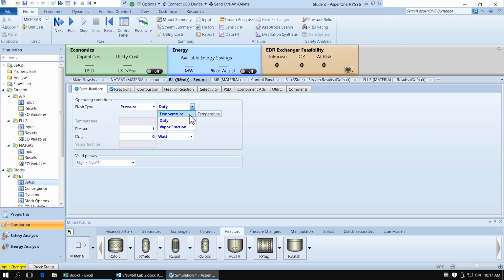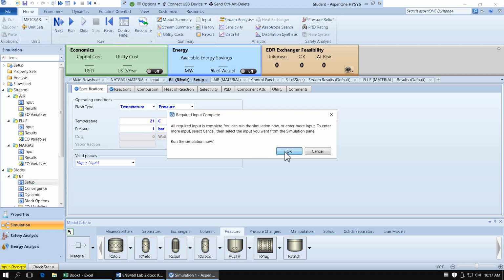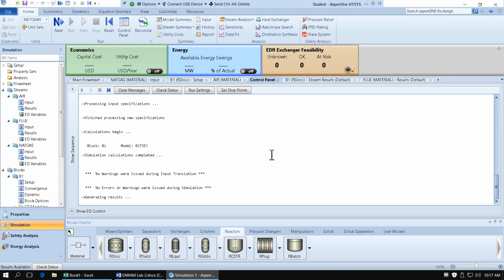Instead of duty, we specify temperature, which is 21 degrees Celsius, and then click next. So Aspen will calculate the amount of heat that needs to be added or taken out of the reactor so we can maintain the temperature of 21 degrees Celsius and pressure of 1 bar going in and maintain it to the stream going out.